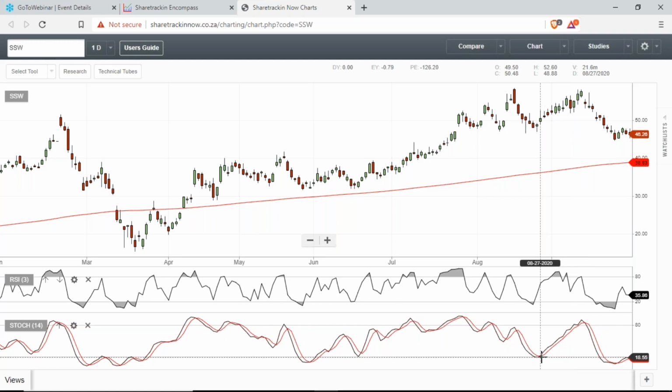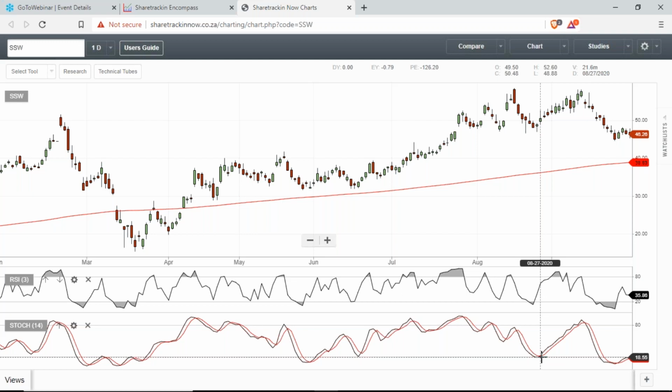So they work on the same principle. Below 20, oversold, 20 to 80, hold on to your share, 80 to 100, overbought, meaning high, expensive, more your selling area.